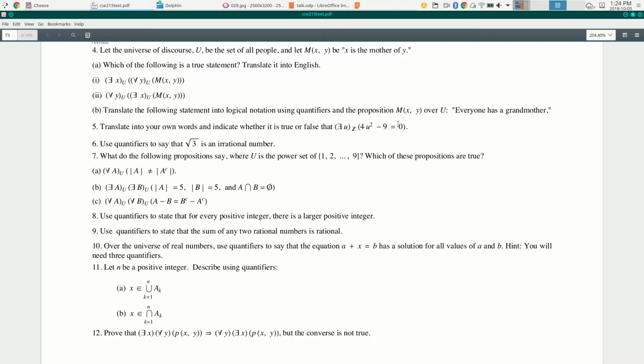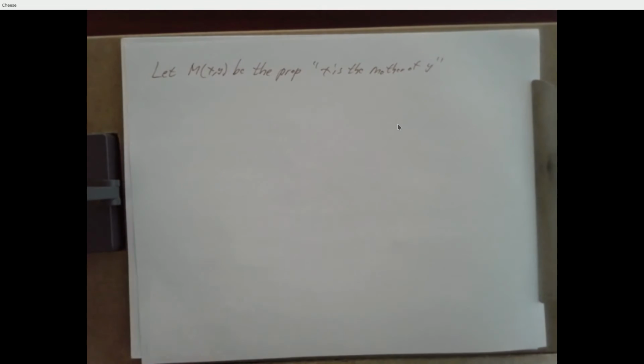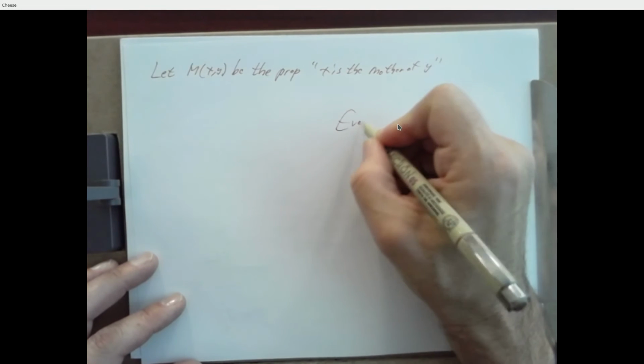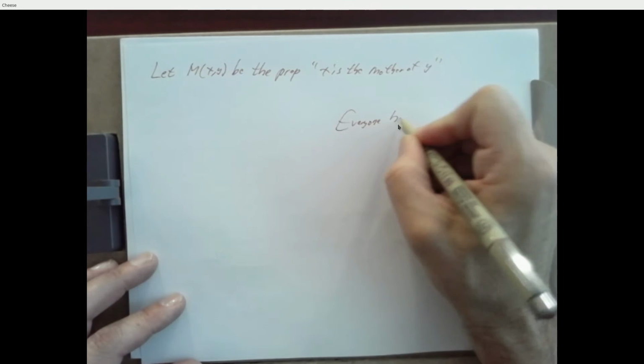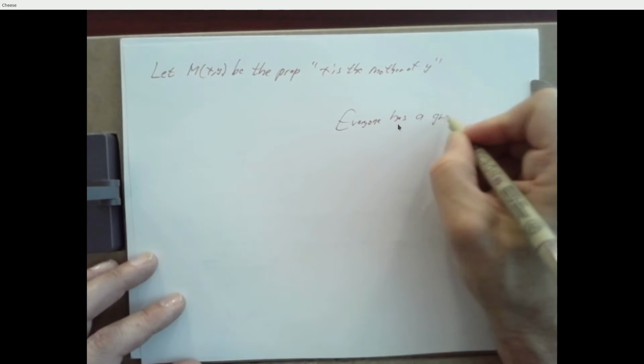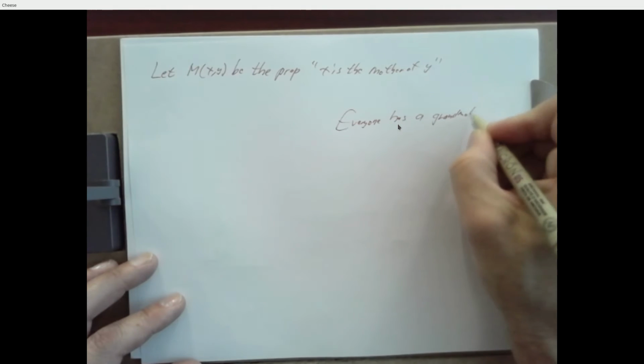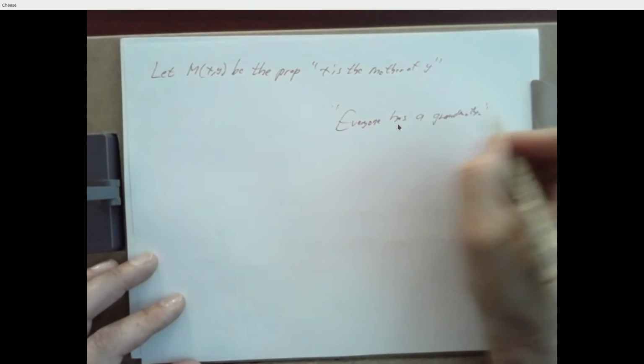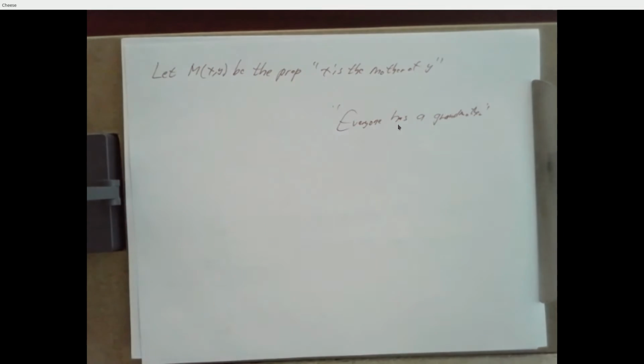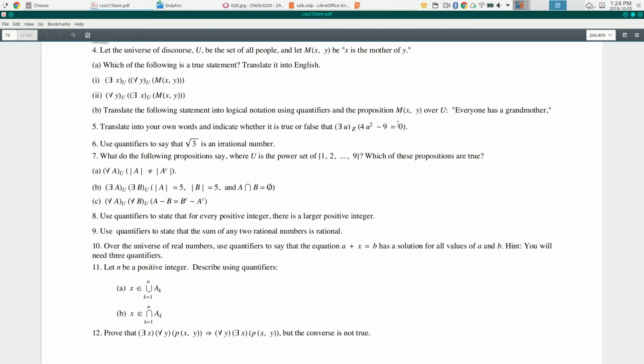All right, so particularly looking at B? Okay, so we're asked to write the statement, everyone has a grandmother, using quantifiers. Does it ask us to write everybody has a mother?